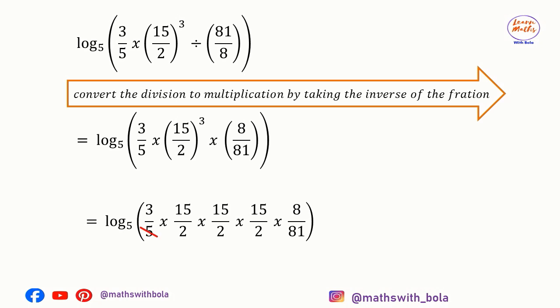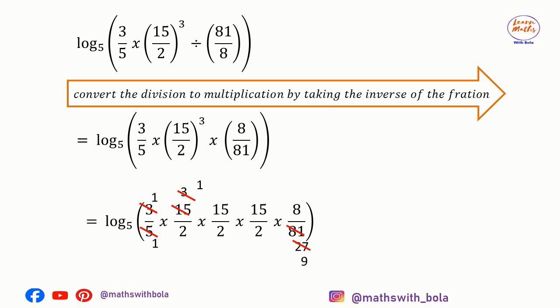So 5 will go into 5 once, and then 5 in 15 will be 3. Then 3 in 3 will go 1. Then 3 in 81 will be 27. Do we have any other place that 3 can go? Yes, 3 can still go here 1, and 3 will go in 27 9 times.